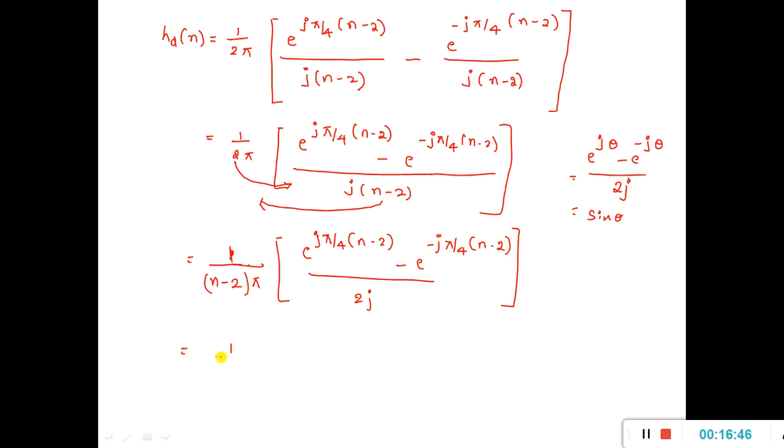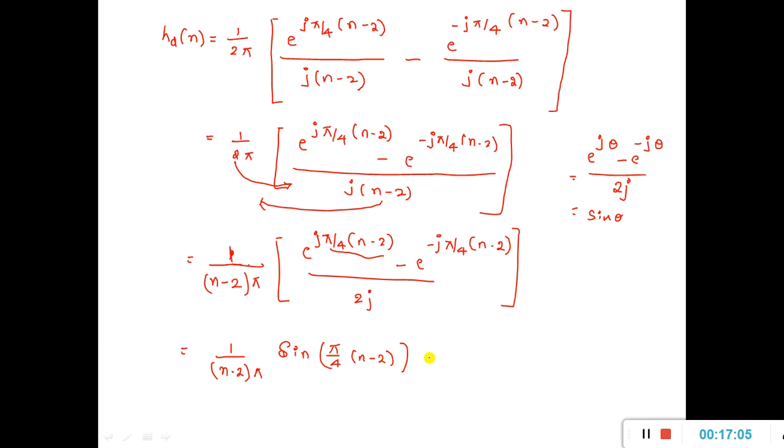Therefore this becomes (n minus 2) into pi. I can replace this by sine theta. What is theta in this case? Theta is nothing but pi by 4 into (n minus 2).